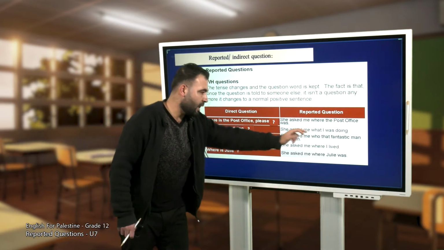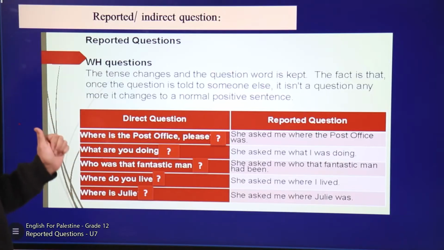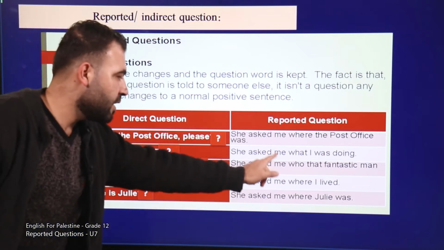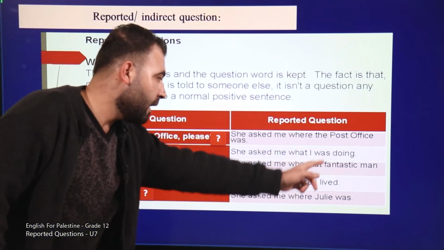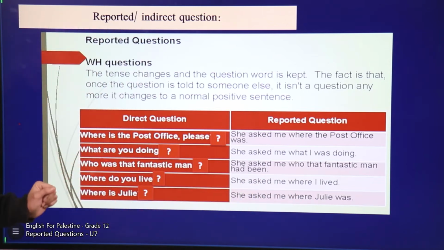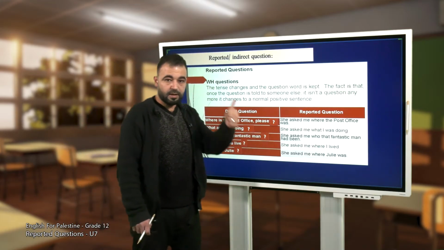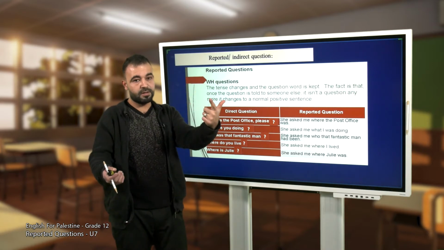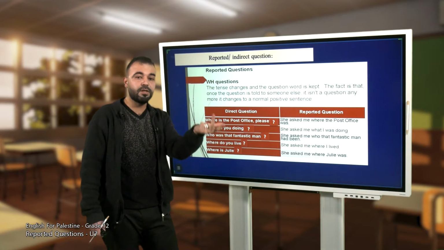So, what from the direct question is the WH word, then the subject, it's you, and because the object here is me, it's changed to I, and the tense of this question is present continuous, are doing. The last step, after the WH word and the pronoun or the subject of the question, finally we should report the verb.